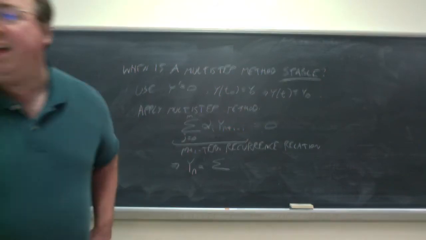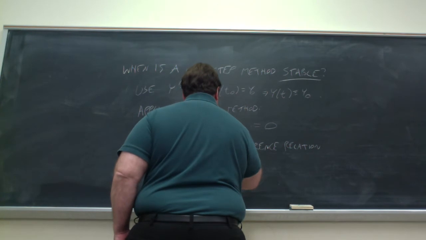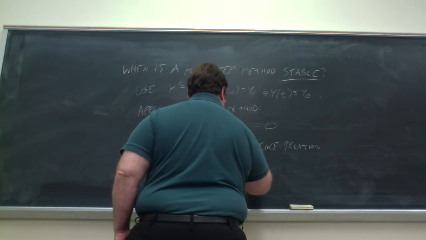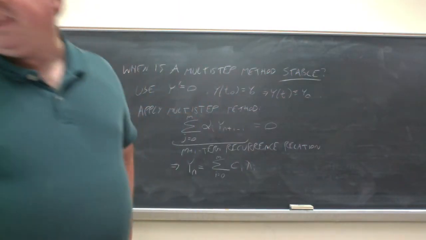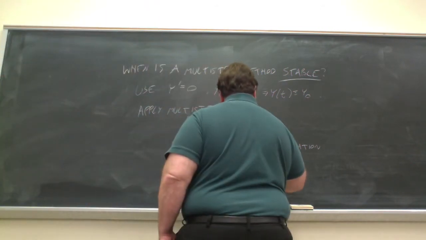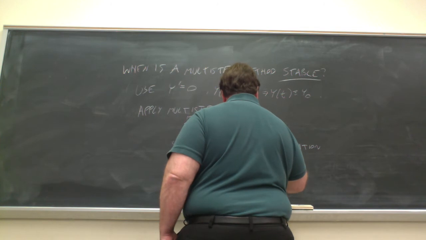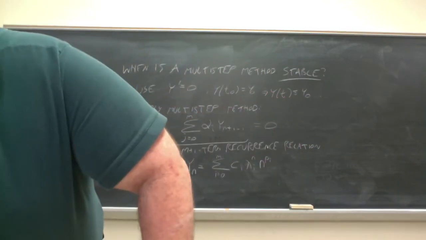Okay, so it has this form of certain constants times certain values lambda raised to the nth power, times n raised to certain powers as well.